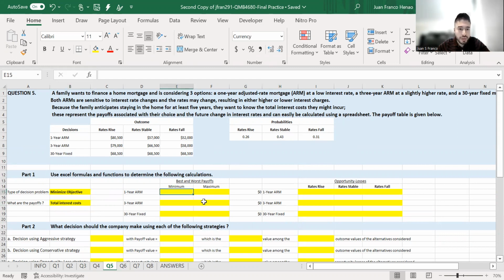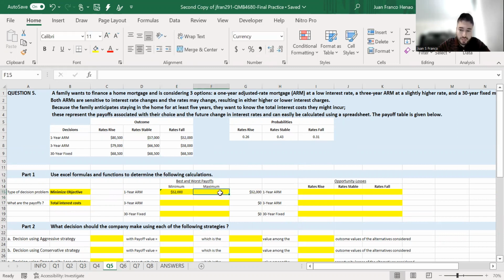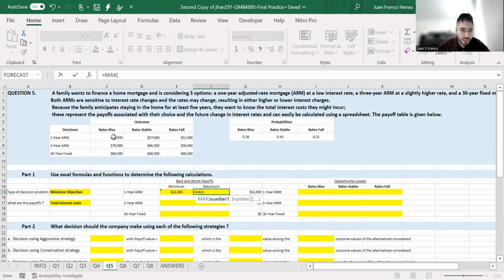Now for the best and worst payoffs, we use min for the minimum and max for the maximum.